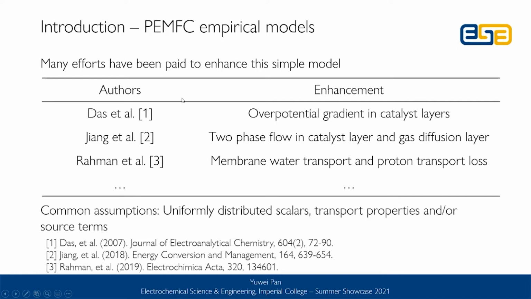However, all these studies are based on a common homogenized assumption of uniformly distributed scalars, transport properties, and source terms. So although they can use the same set of parameters as the 1D model, they cannot reach a comparable accuracy.